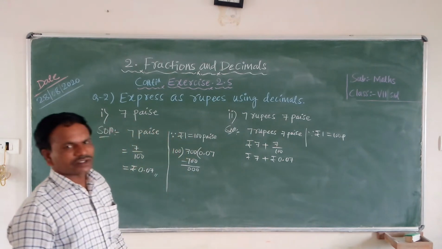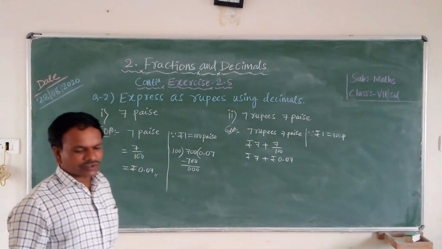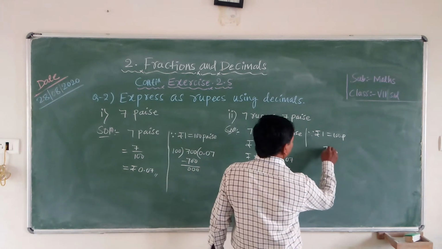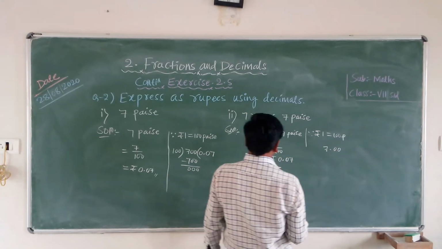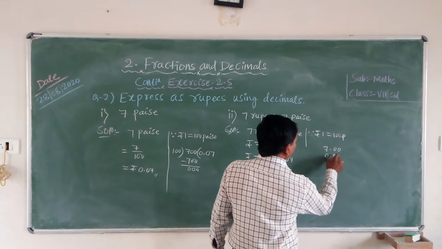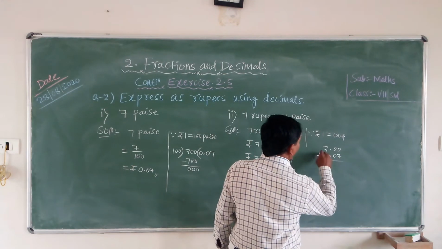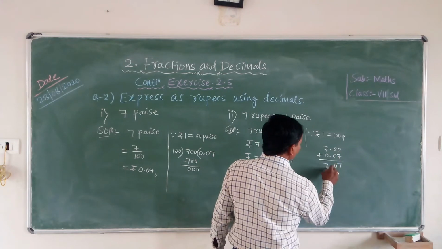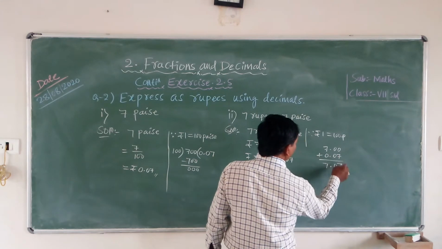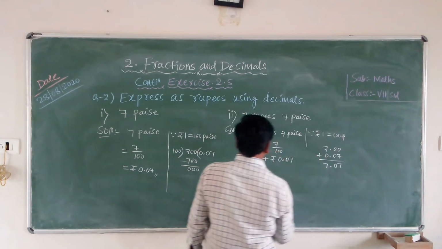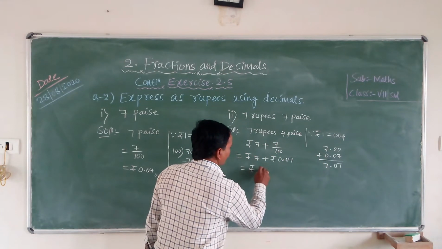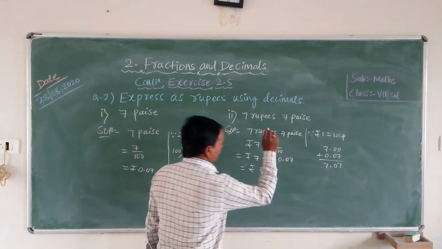So what will come now? How do we add this? 7 rupees is 7.00, and 0.07. Now add 7.00 and 0.07. The decimal point stays in place, with two digits after it. So the answer is 7 rupees 07 paise, that is 7.07 rupees.